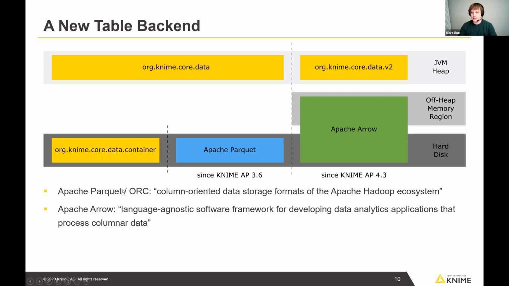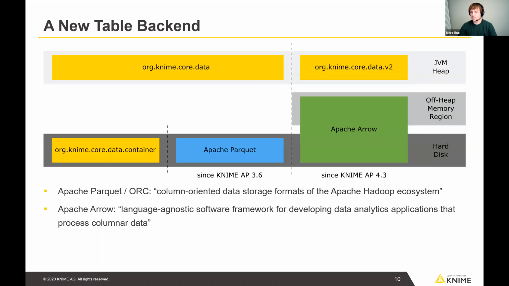And these sentences are taken from the Wikipedia entries of Parquet and ORC and Apache Arrow. So Apache Parquet is a column-oriented data storage format of the Apache Hadoop ecosystem. So it is column-oriented, and it is about long-term storage, whereas Apache Arrow is a language-agnostic software framework for developing data analytics applications that process columnar data.